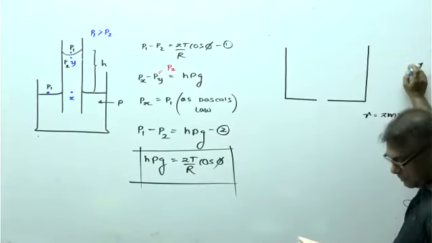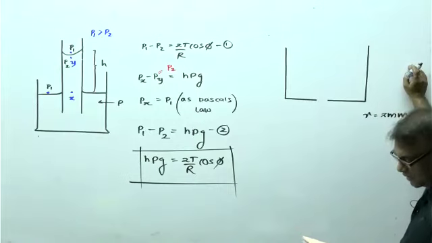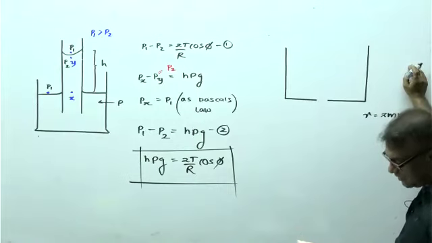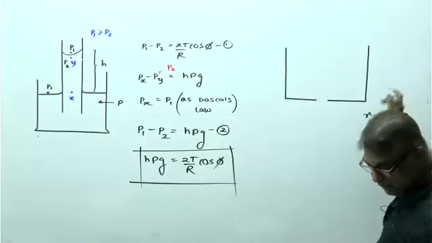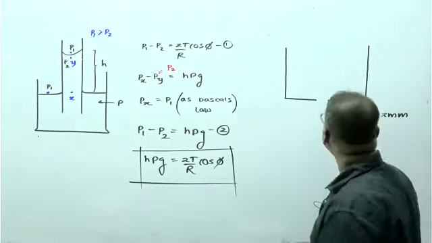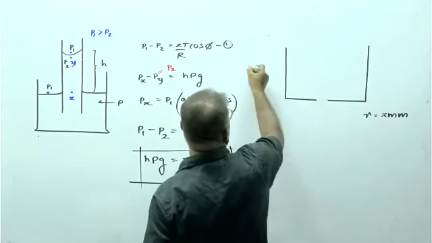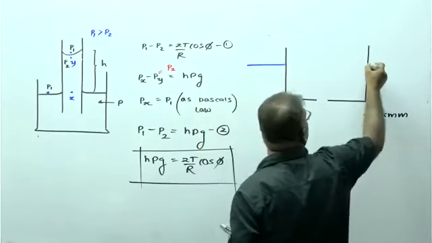This vessel is lowered vertically into a certain liquid of density 800 kg per cubic meter, keeping the bottom down. This is dipped in the liquid container like this.